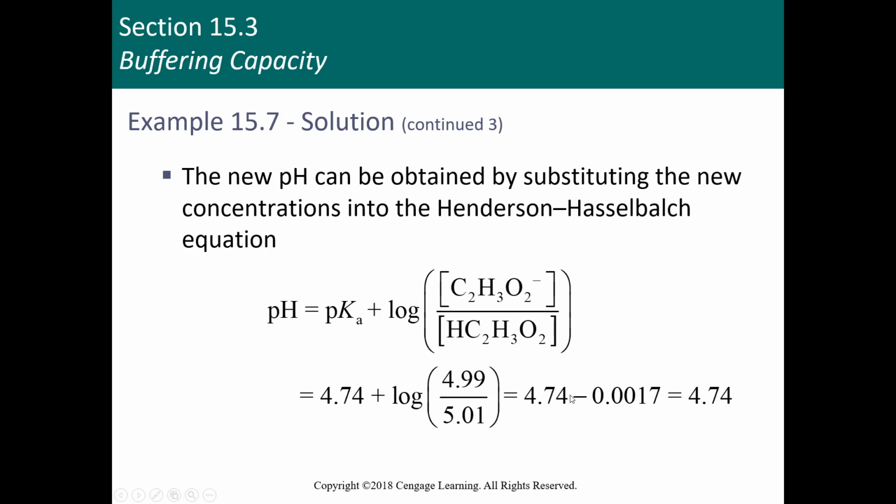And that is going to give us 4.74 minus 0.0017. Notice these changes should typically be fairly small in a buffer system. And so once we subtract that off, we're just going to end up rounding right back up to the initial number. And so that ends up giving us just the same number again, which is 4.74. Doesn't make a large enough change to even matter.